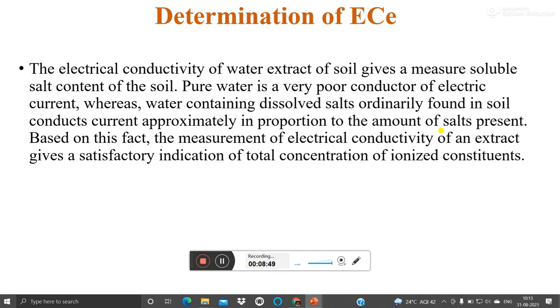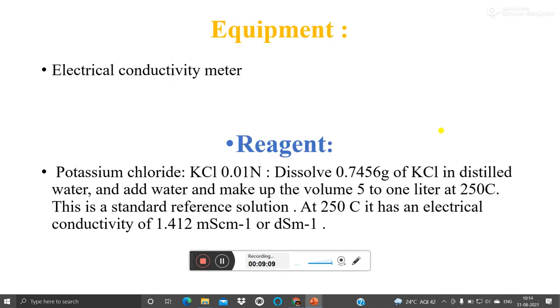So the amount of current is directly dependent on the soluble salts present in the soil. Based on this fact, the measurement of the electrical conductivity of an extract gives a satisfactory indication of the total concentration of ionized salts.